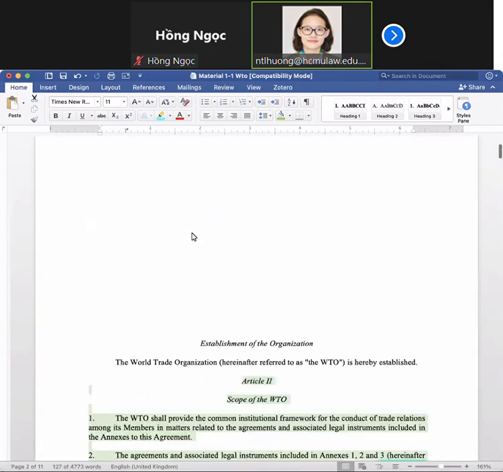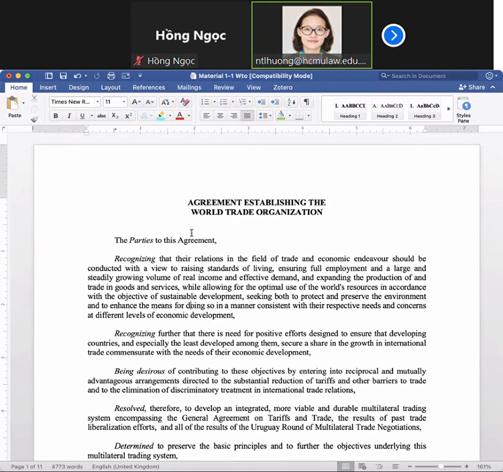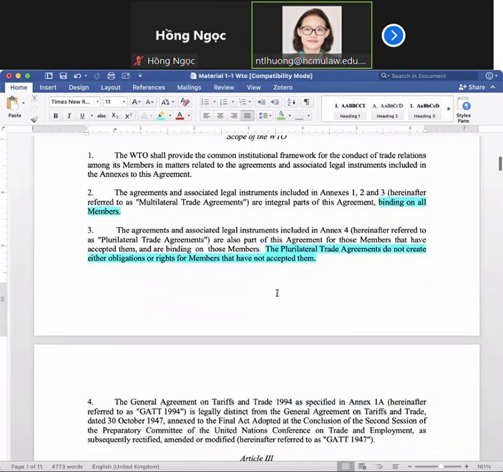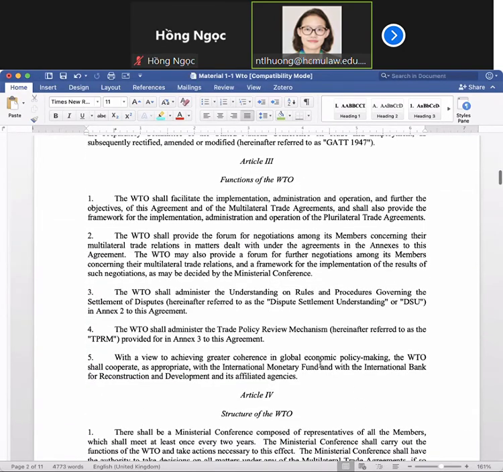Now we are talking about material one, the agreement establishing the World Trade Organization, and here in Article 3 you can read through the functions of the WTO.